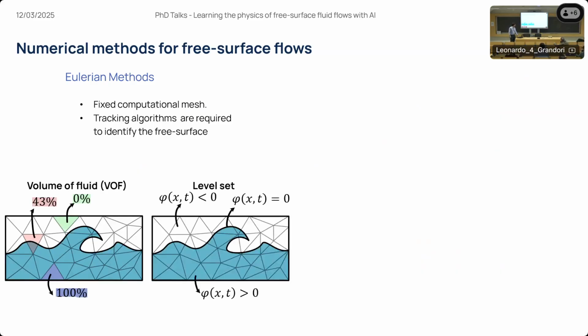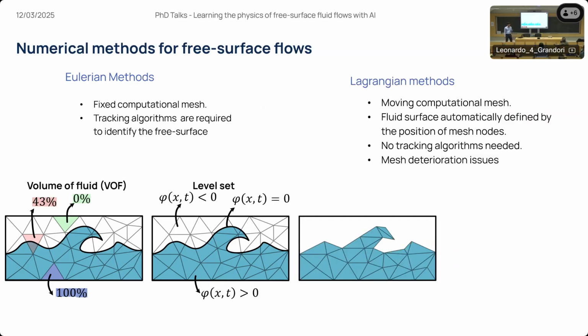For example, volume of fluid and level set method are two examples. For volume of fluid, we have a scalar that accounts for the percentage of fluid that there is in a particular cell. In the level set method, we have a level set function that is positive inside the fluid and negative outside, and is 0 on the free surface.